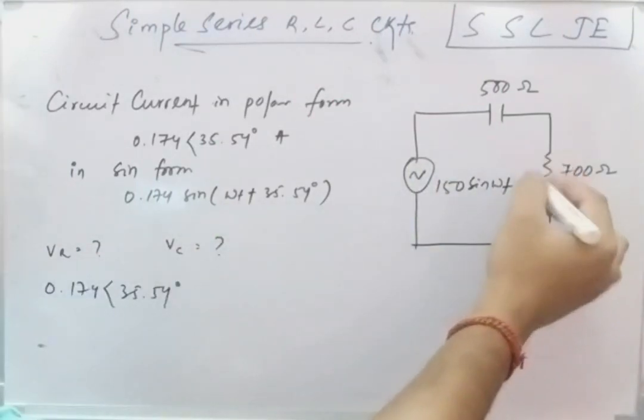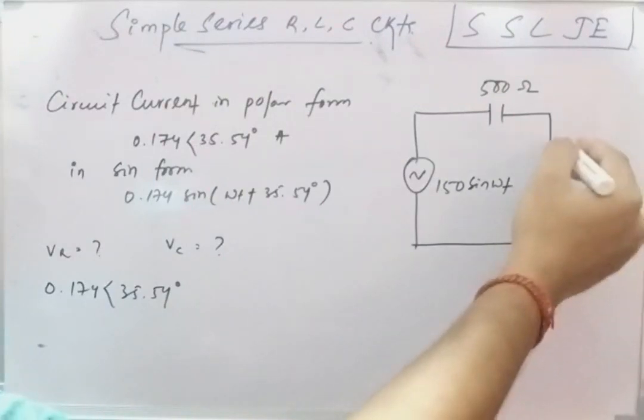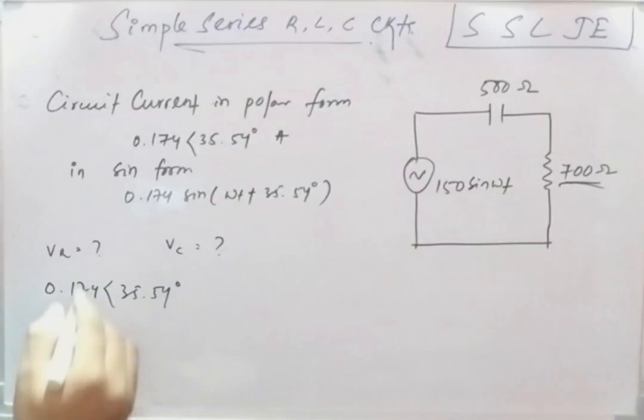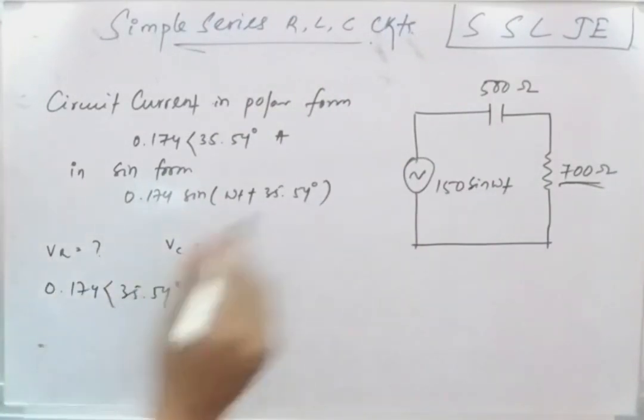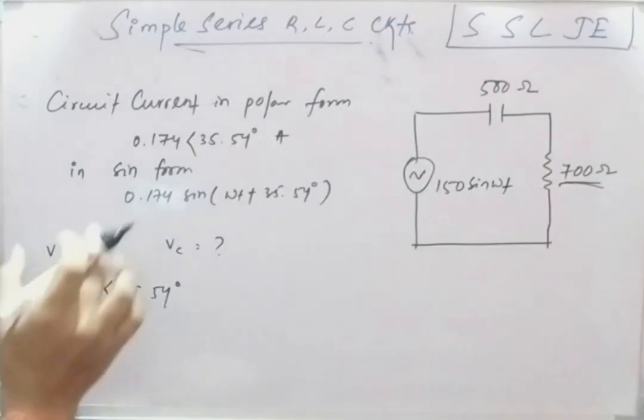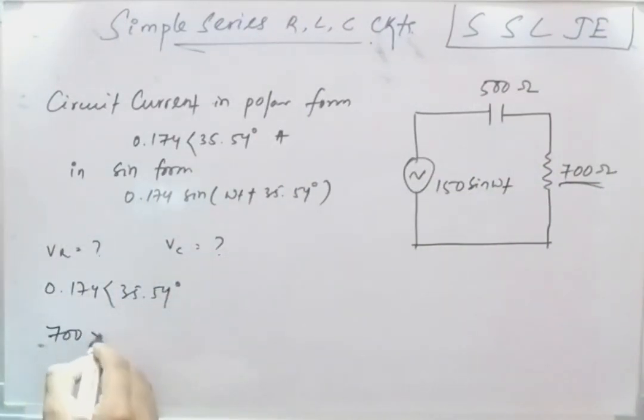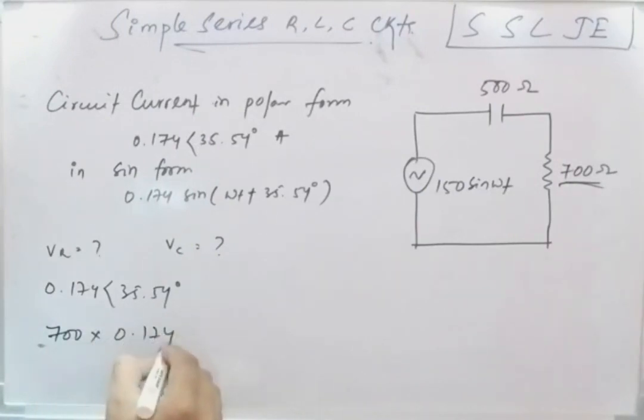So for VR, the voltage across the resistor, the resistance is given as 700 ohm. You can easily find it by multiplying the resistance with the current, and you will get the voltage across the resistor. So just multiply 700 into 0.174, you will get 121.8.